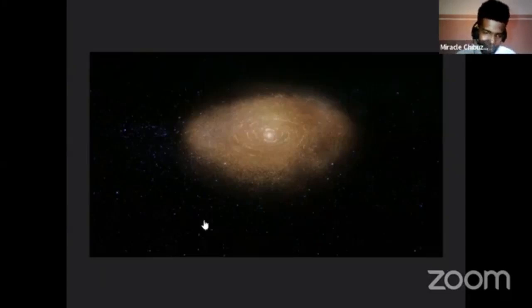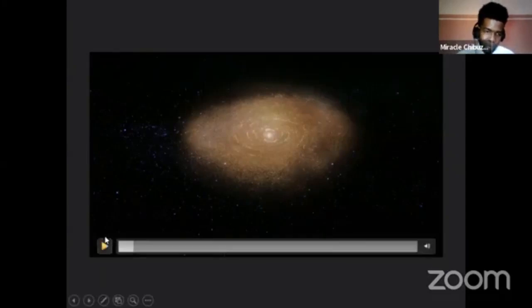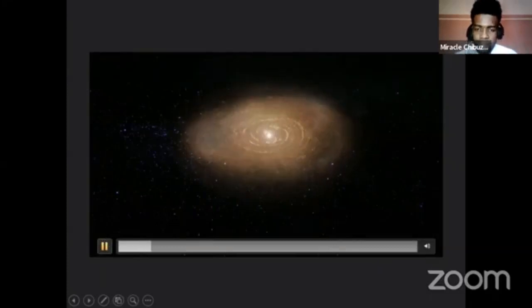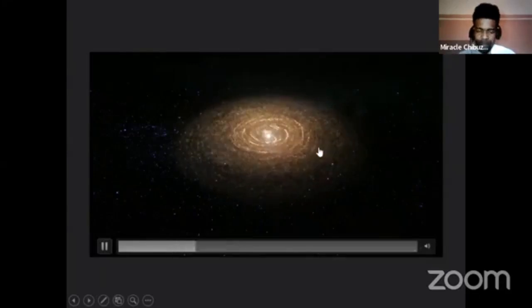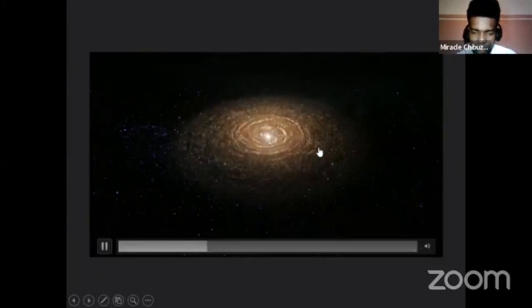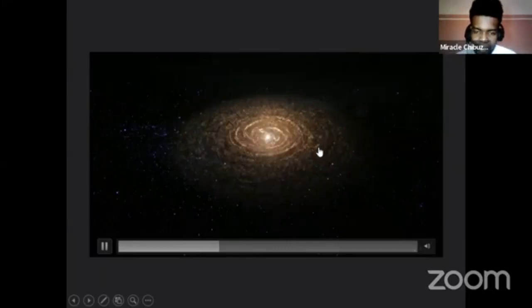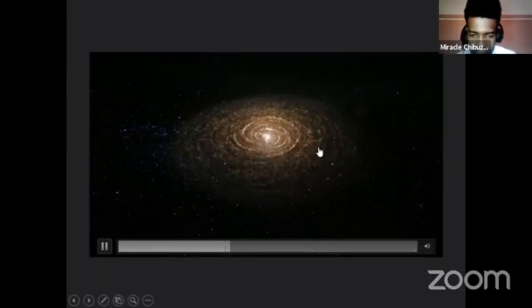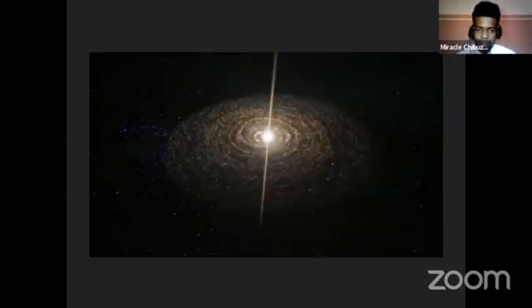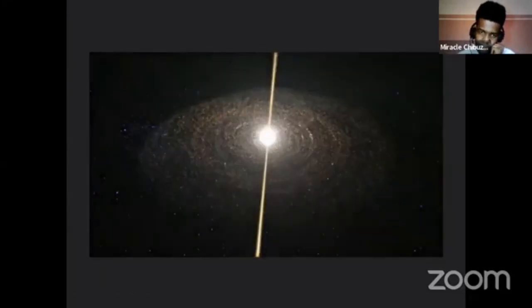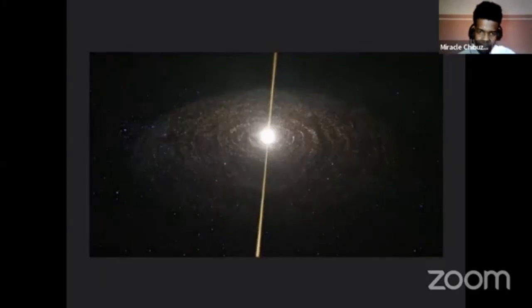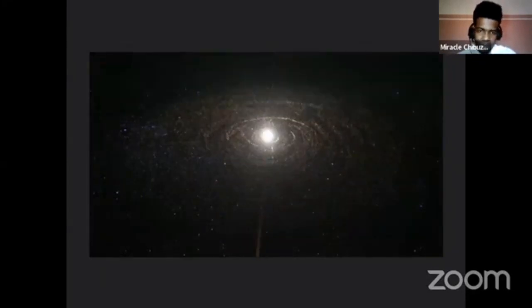So let me play it again. Look at the exact depiction of the formation of the solar system. You would see the planets begin to form.